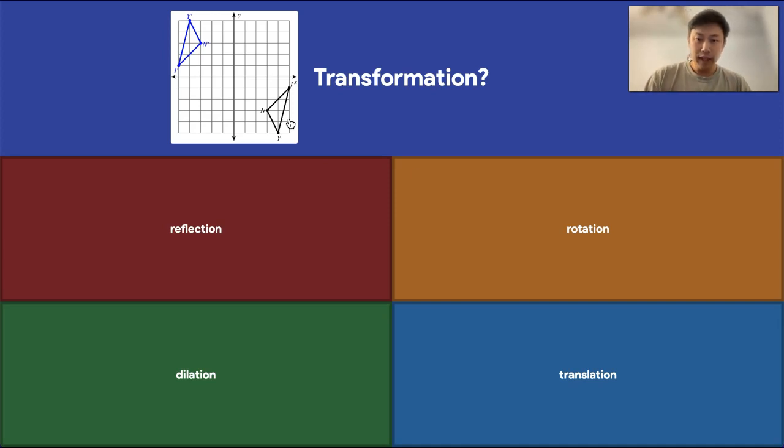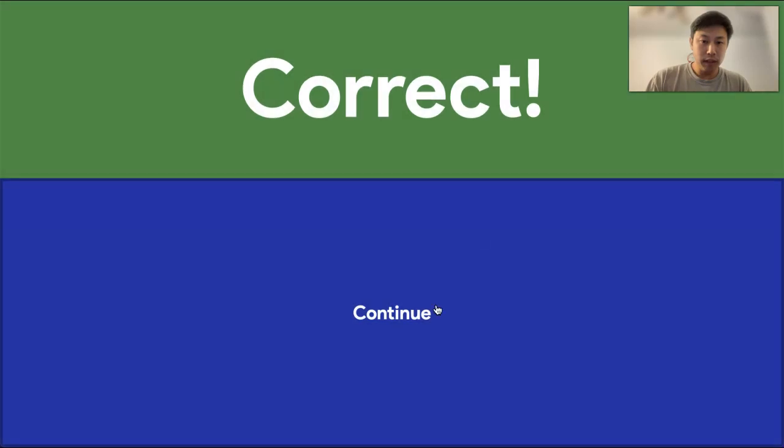So this will be a type of rotation. There are ways to use reflections to get from one position to the next, but that would require multiple transformations, not a single one. So normally when we're talking about symmetry, it's just one single move or one single transformation. So this one's a rotation.